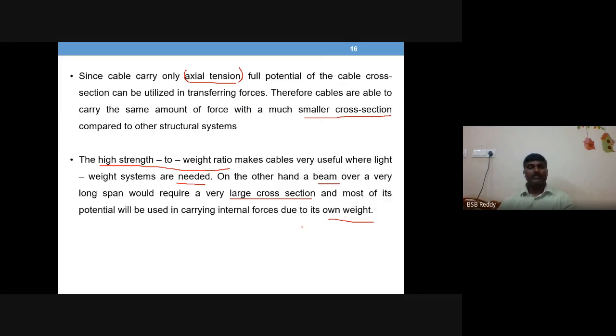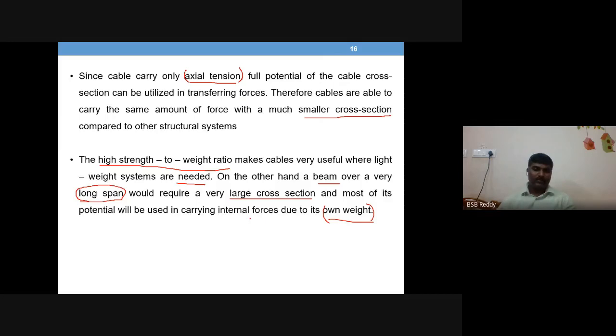Whereas a beam, when the span is very high, you should remember, the cross section required is very high. The weight of the beam or the girder structure itself will be very high.